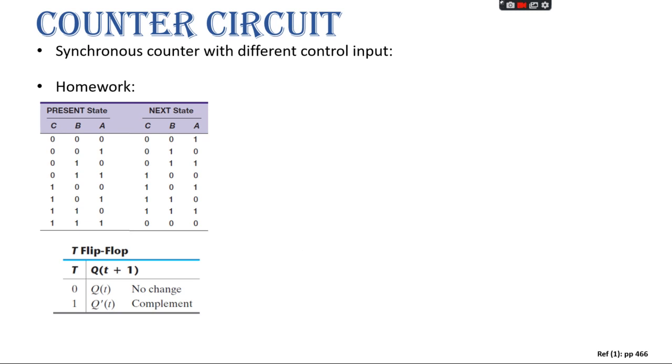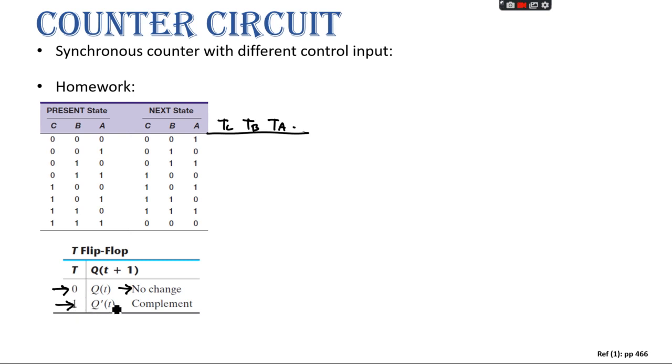So, the same counter, you are asked to design with the T flip-flop. So, for T flip-flop, what is the truth table? You can have TC, TB and TA, right? For the T flip-flop, whenever you give input 0, the output will be no change.